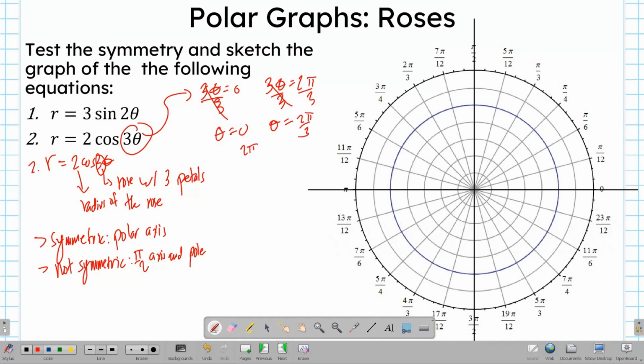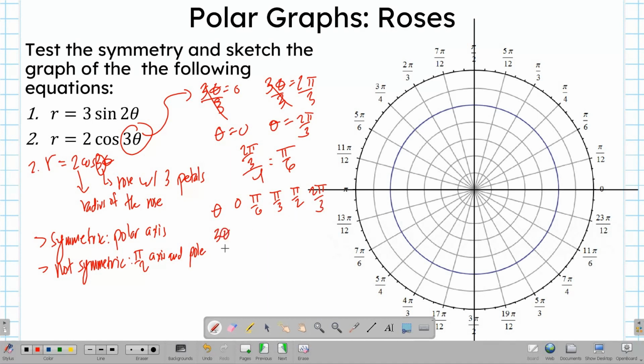And if 2 pi over 3 is divided by 4, I'm going to get pi over 6. So therefore, my theta would be from 0, pi over 6, pi over 3, pi over 2, 2 pi over 3.